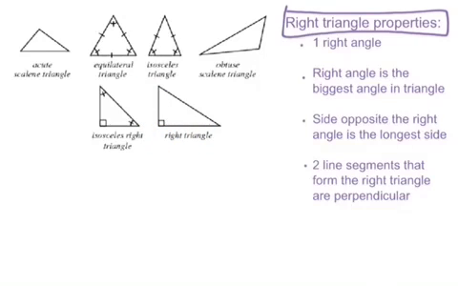Perpendicular, we saw that word before. That means that the two sides are making a 90-degree angle. So you can picture perpendicular like that. Those lines would be perpendicular to each other because they intersect at a 90-degree angle. So make sure you have that information down in your notes.